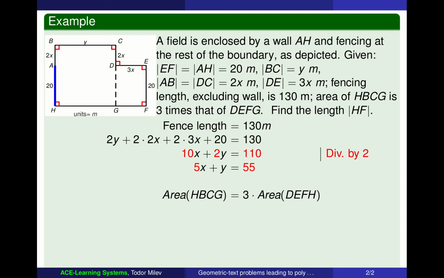Now, we're having two variables in the game, x and y. Let's try to eliminate one of the variables. What can we do? Well, as you can see, I can take this 5x and transfer it to the right-hand side. Of course, when I transfer 5x to the right-hand side, it acquires a minus. And why is that beneficial? Well, in this way, I have expressed y as a function of x.